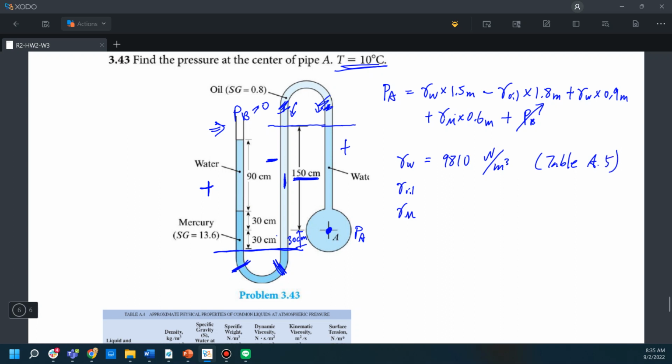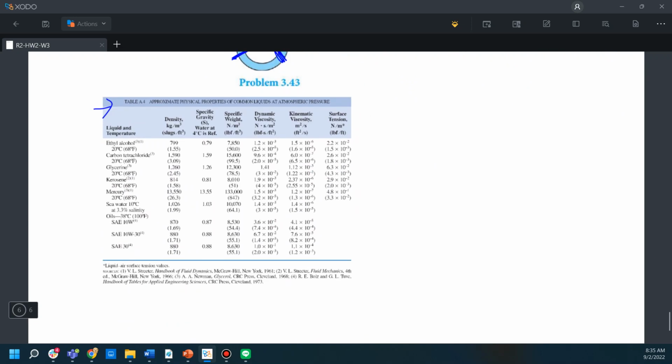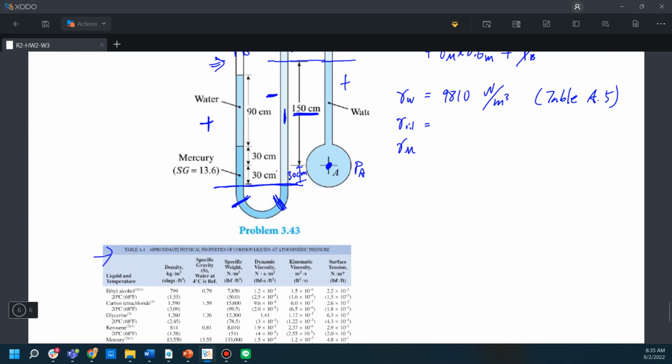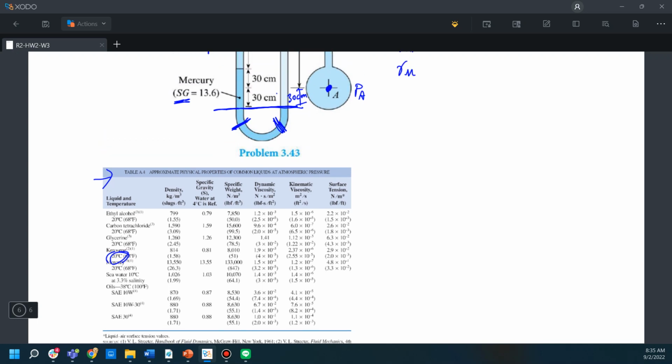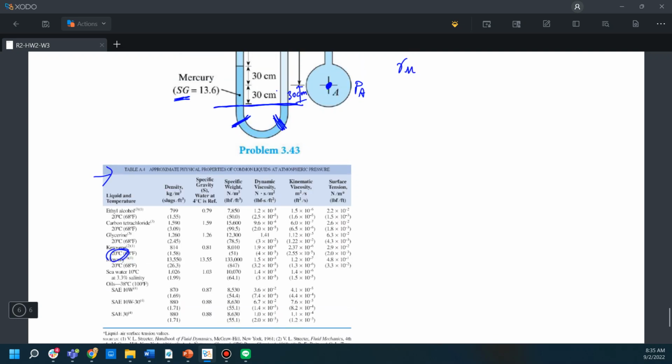And for the specific weight for oil and mercury, you can either use this table A4 here, or we can calculate directly using the specific gravity given by the problem. And because in this table they are actually not at 10 degrees Celsius, this is just for reference. You can still find the specific weight for different materials online with a similar table shown in this table A4.